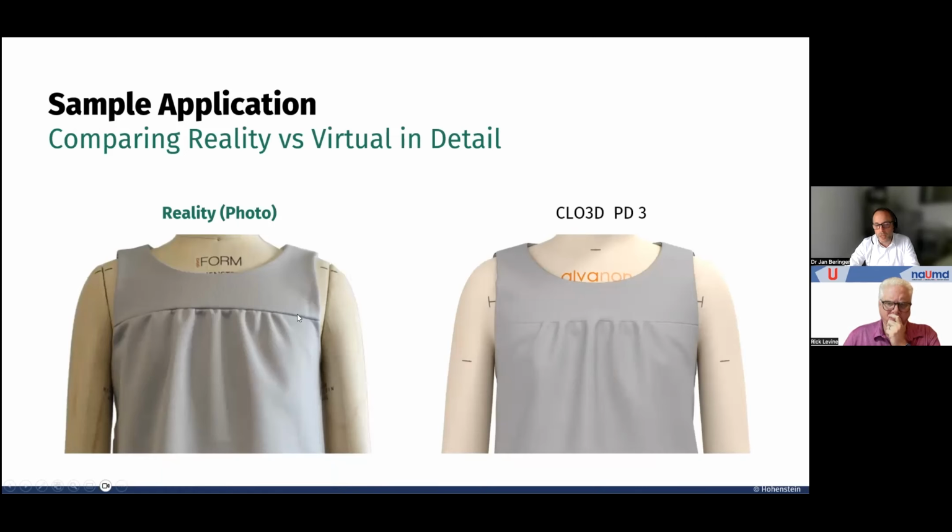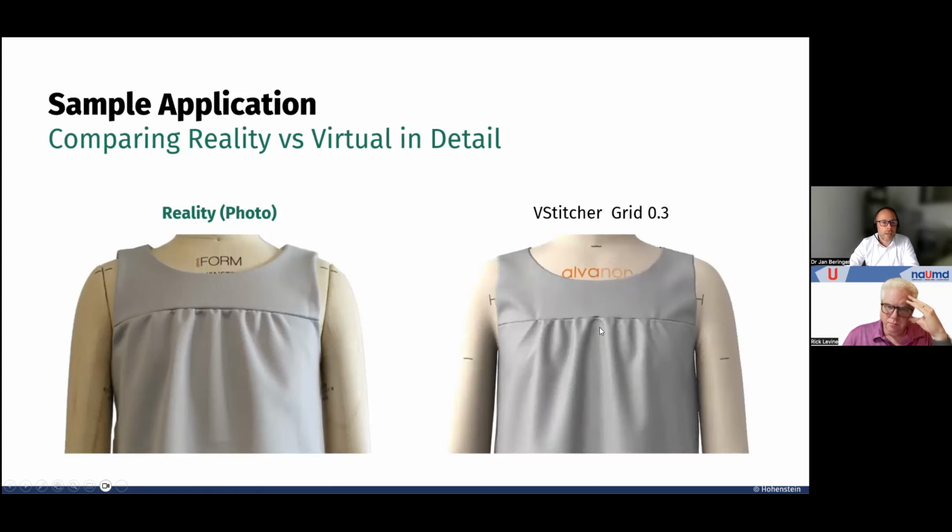As you can see, there's still room for a little bit of improvement. The real world picture is much more detailed in that part, and that level of detail is not really achievable right now with the particle distance of 3 in that simulation. If we go to VStitcher, you see there's a little bit of improvement with the grid 0.3, a very fine grid in that software. You see that especially the folds in that area look pretty comparable to the real sample.